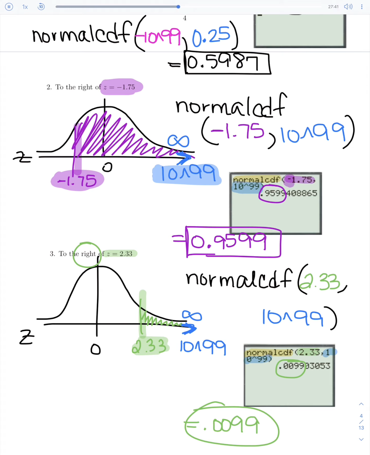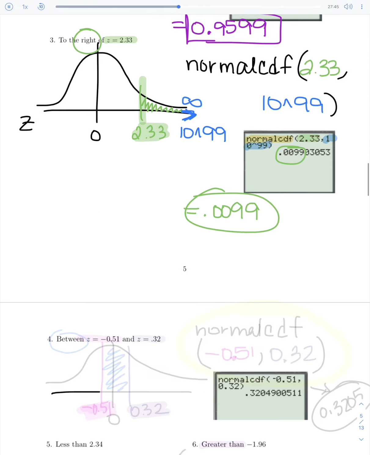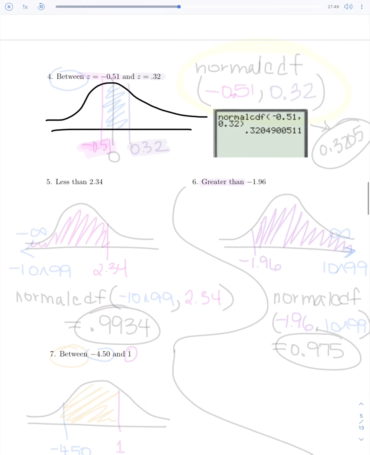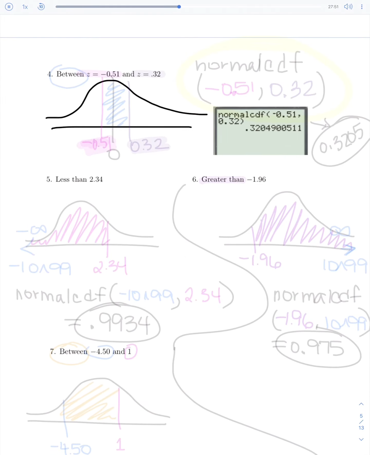Continuing, if we look at problem 4, we actually want to find the area between two Z values. So what this means is we've got a first value, which is negative 0.51. Remember, what's in the middle is our 0 of our normal curve. So negative 0.51 is a little bit smaller than that.